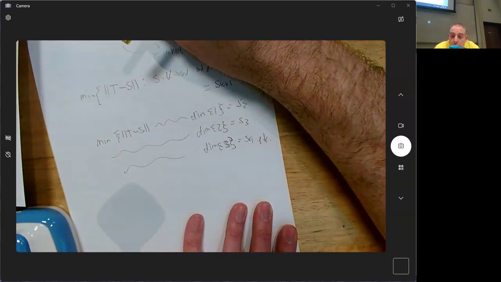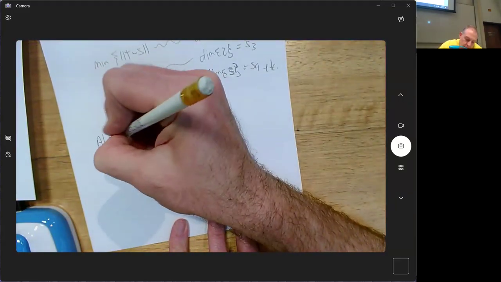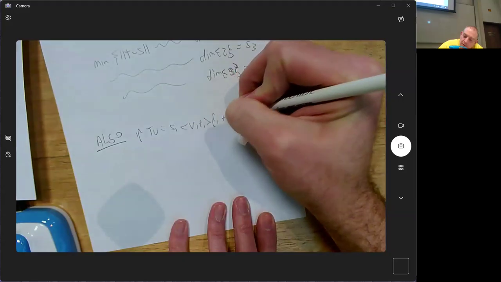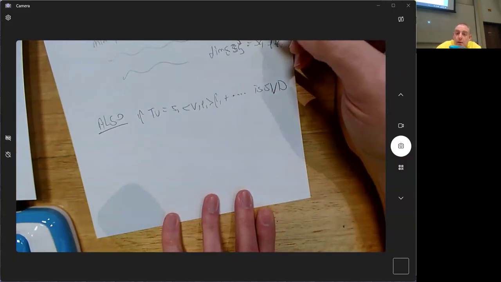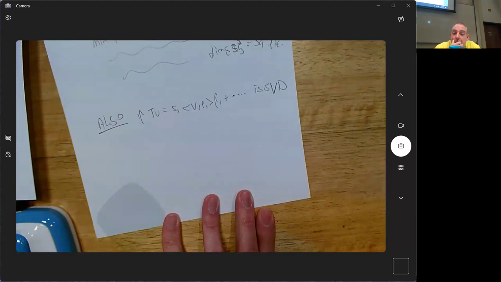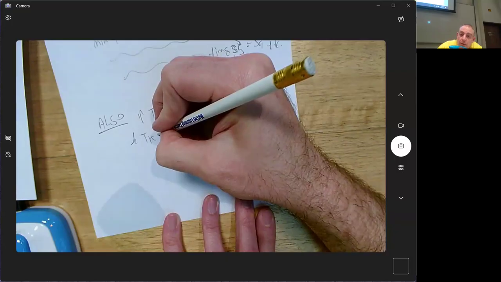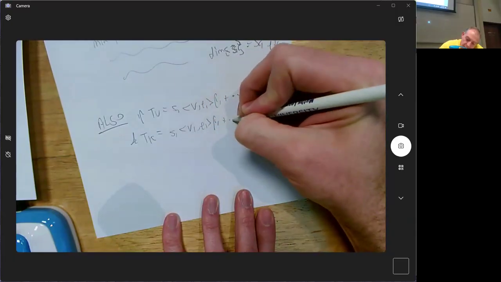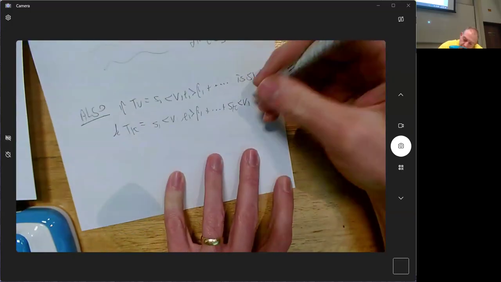And furthermore, if the singular value decomposition of T is s1, e1, f1, etc., then T_k happens to be equal to the same thing, s1, e1, f1, up to the k-th spot.